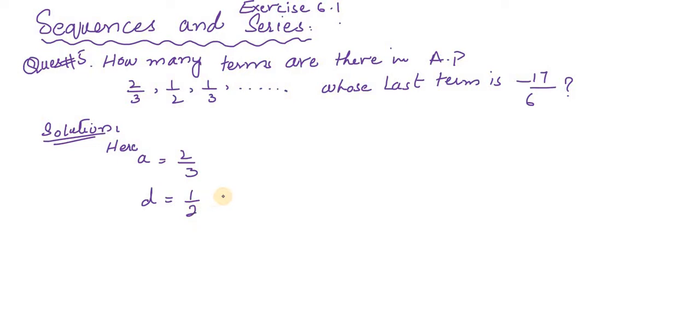So half minus 2 upon 3. Here the LCM is 6, 3 minus 4, minus 1 upon 6. So the difference D is equal to minus 1 upon 6.